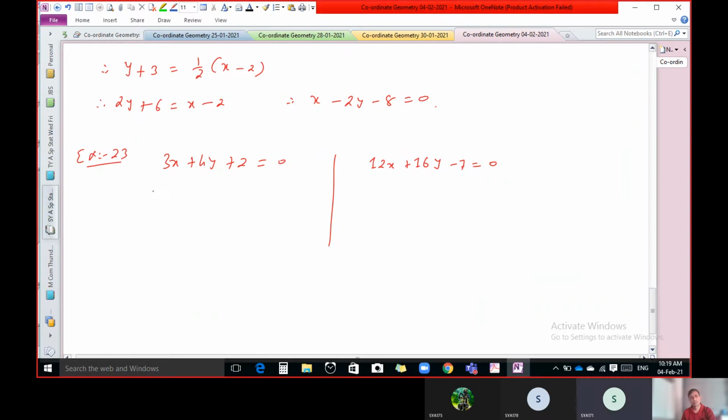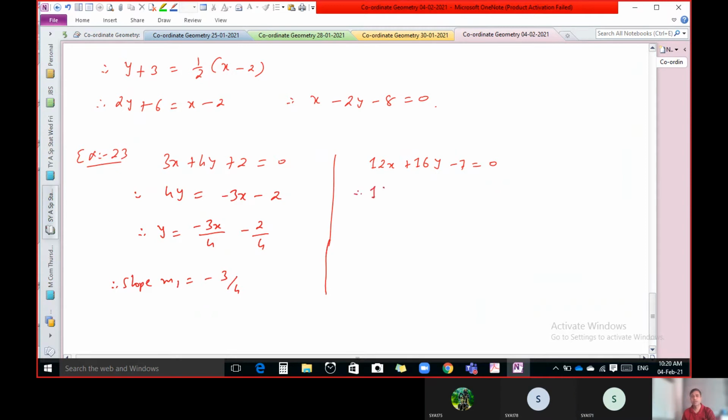No, only slope. Find out the slope of these two lines. If they are equal, then we can say that they are parallel. So let us find the slope. Here we get 4y equal to minus 3x minus 2, divide by 4. y is equal to minus 3x upon 4 minus 2 upon 4. So what is the slope? Minus 3 upon 4. Correct. Slope m1 equal to minus 3 by 4.